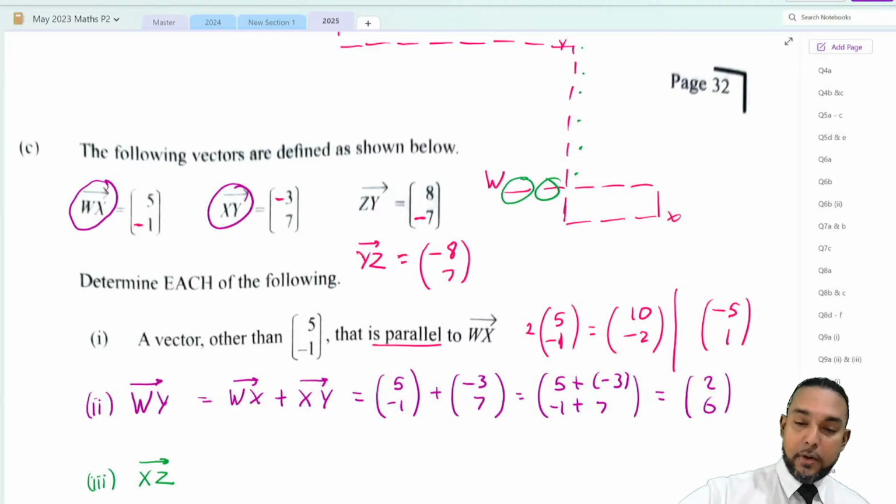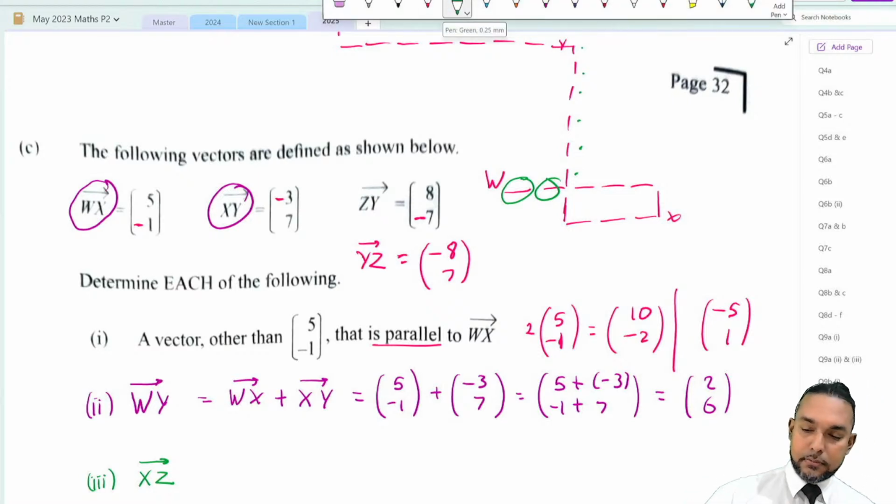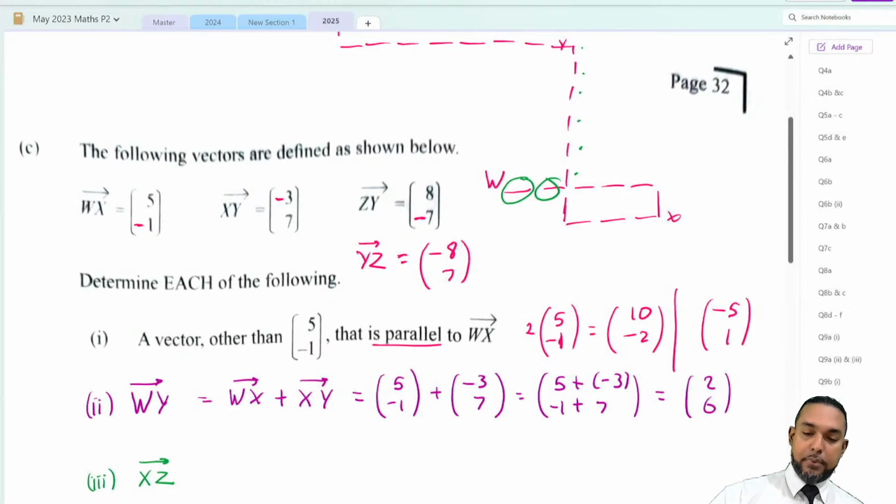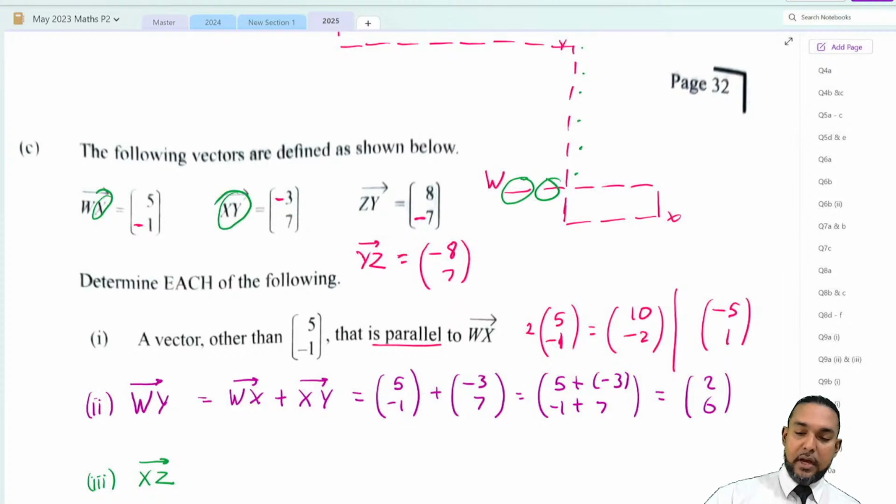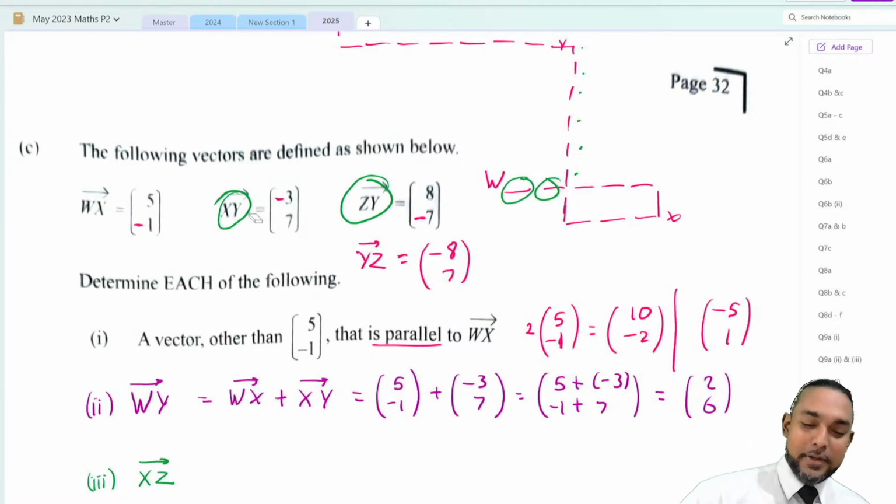Right, okay. Now XZ. So XZ means we want to go from point X to point Z, right? Now we have two X's and we have one vector that has a Z. What is the other letter in that vector with the Z? The accent? Yeah, right.